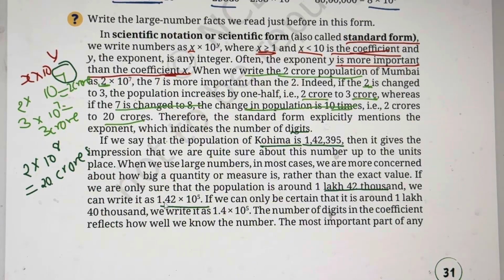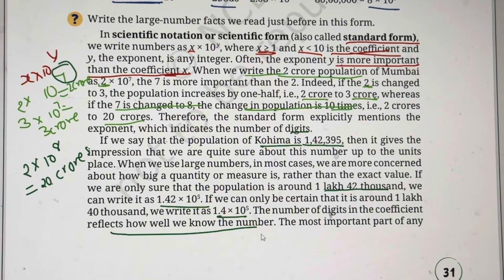Fine, we can write 1.42 or 1.4. There won't be much difference. So the number of digits in the coefficient reflects how well we know the number. 1.42 will be more precise, and 1.4 will be less precise, but we will get an idea about the population of Kohima.